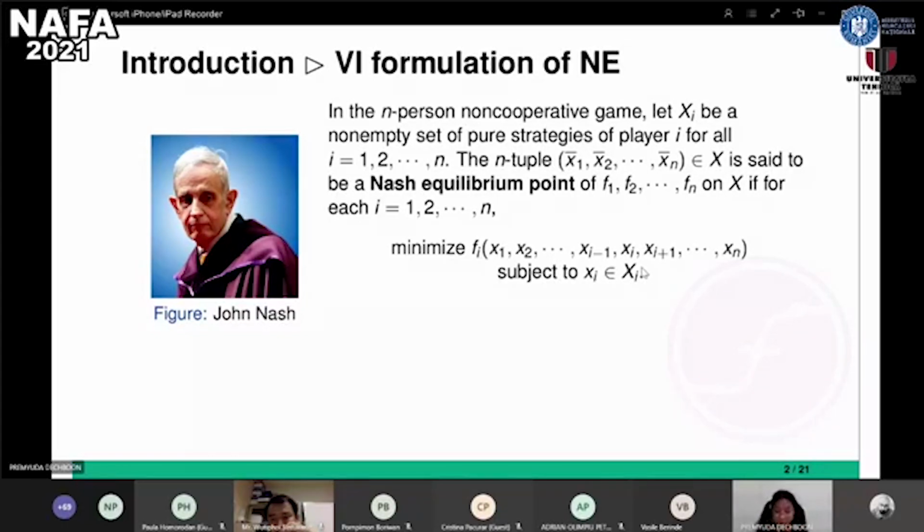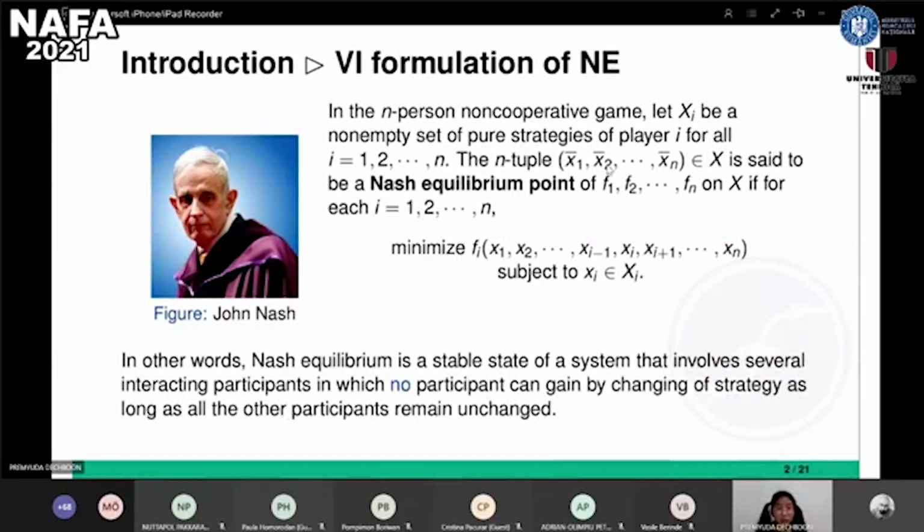In the n-person non-cooperative game, we consider the strategy set Xi, which is a non-empty set, and for the n players, for example, player 1, player 2, up to player n, we can say that x bar is the Nash equilibrium point if x bar is an n-tuple point like this, which satisfies this problem: minimize fi, which is the loss function for each player, at the i-th component, subject to the strategy set Xi.